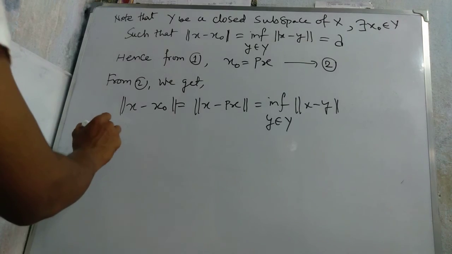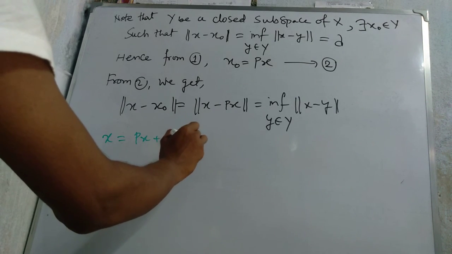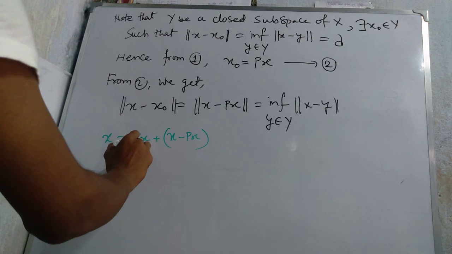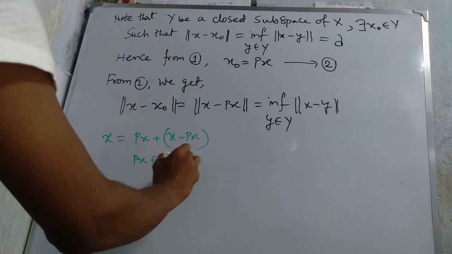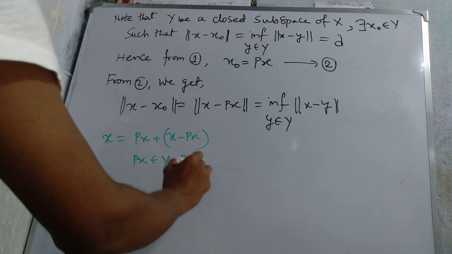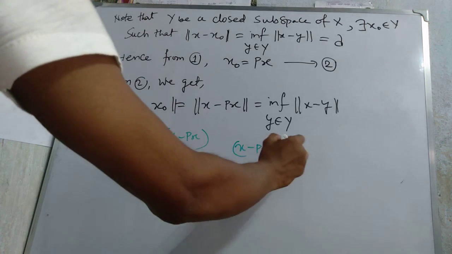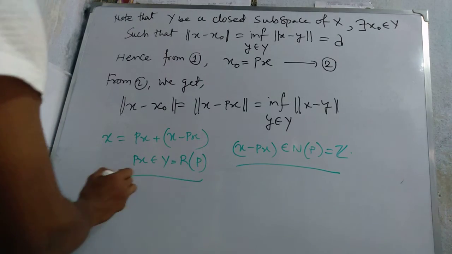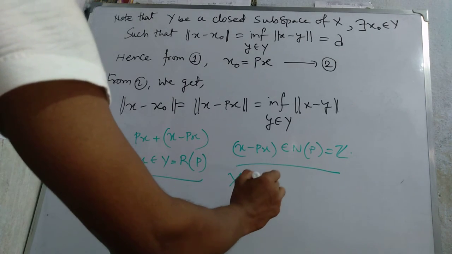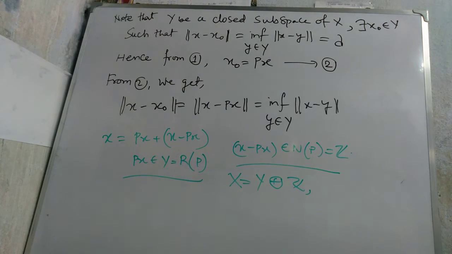First one, that means x equals Px plus (x minus Px), where Px belongs to Y equal to R(P), and x minus Px belongs to N(P) equal to Z. So X equals Y plus Z. Today we stop here.